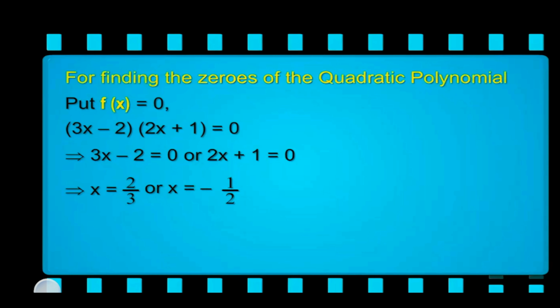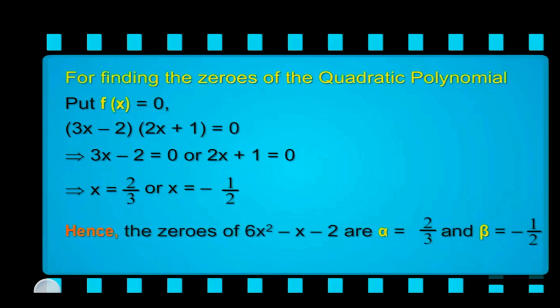By solving, we get x is equal to 2 upon 3 or x is equal to minus 1 upon 2. Hence, the zeros of 6x squared minus x minus 2 are alpha is equal to 2 upon 3 and beta is equal to minus 1 upon 2.